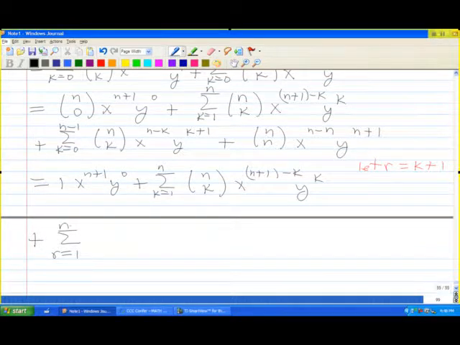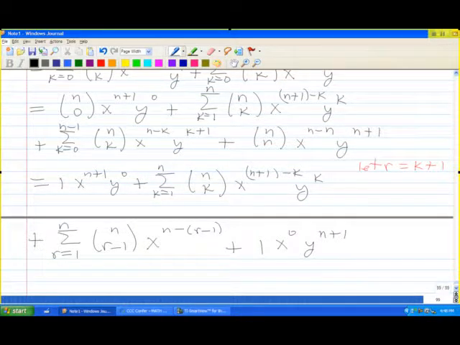N minus 1 plus 1 is just n, of nC(r minus 1), since I'm replacing k by r minus 1, x to the power n minus k, but k is r minus 1, plus the last term, which again was 1, x to the 0, which is 1, y to the n plus 1.